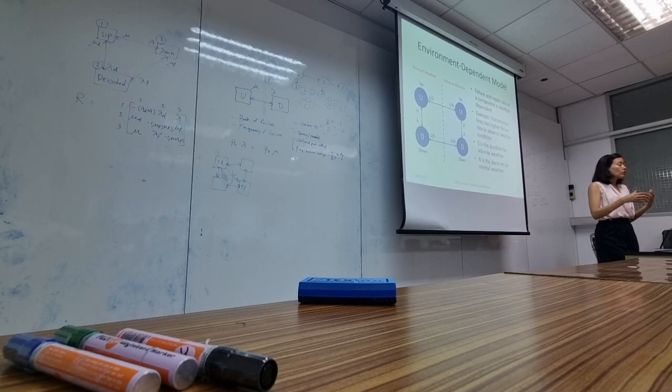So if you use just one model to represent the whole system, it might not be as accurate because you need to factor in the weather and the time of the year.